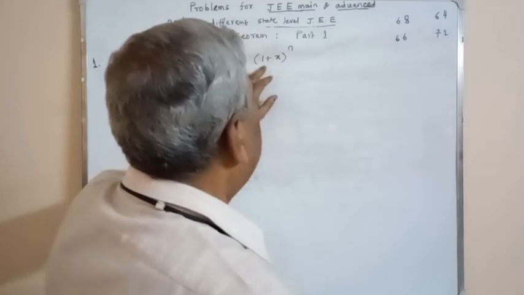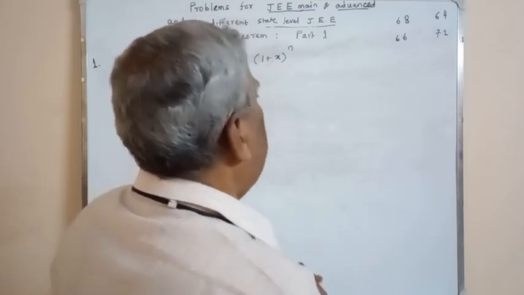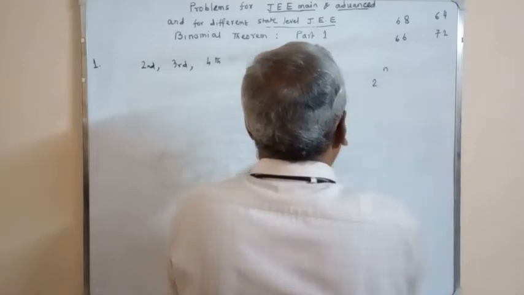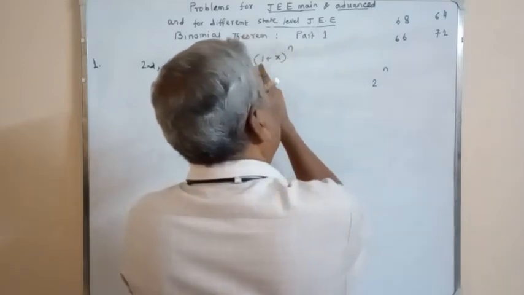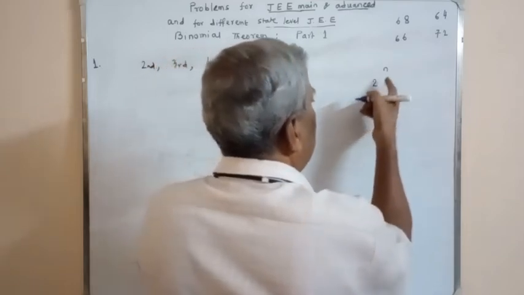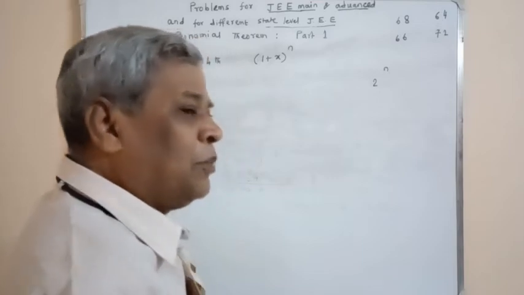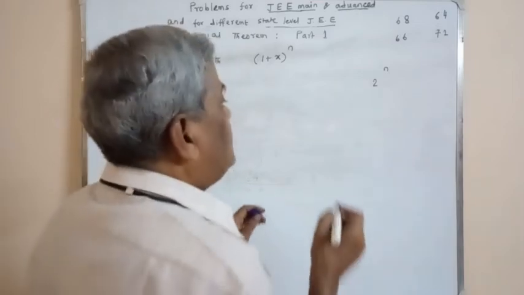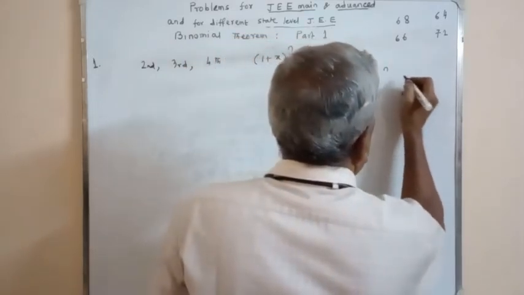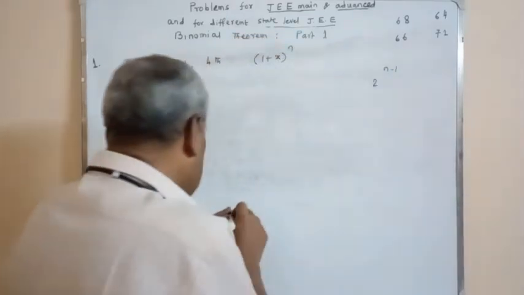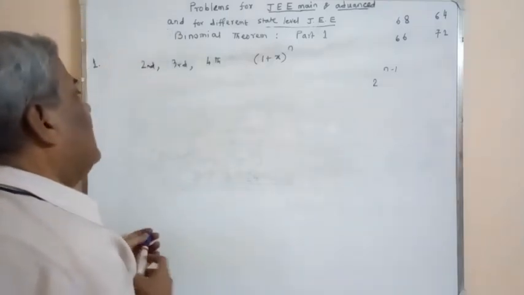We know that the sum of all binomial coefficients is 2 to the power n, because we put x as 1, it is already 1 and this also 1, so 2 to the power n. And the sum of all binomial coefficients which are in odd positions is this divided by 2, that is 2 to the power n minus 1.